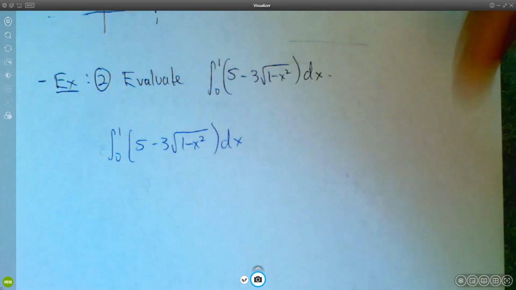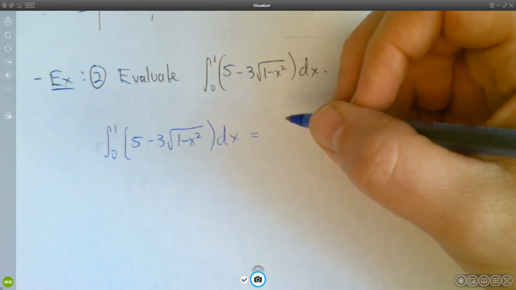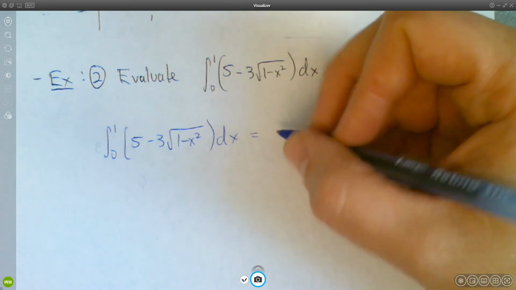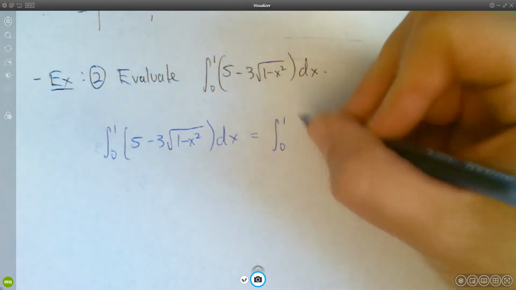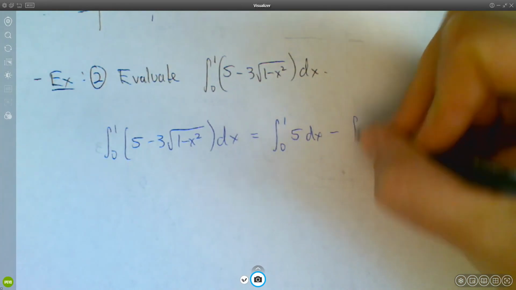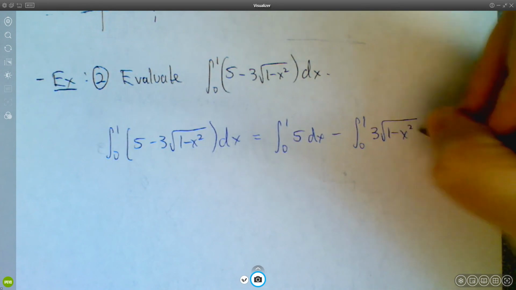I would rather just use those facts that we just saw in that theorem a second ago. So I'm going to say, well, this is the integral from 0 to 1 of 5 dx minus the integral from 0 to 1 of 3 root 1 minus x squared dx.